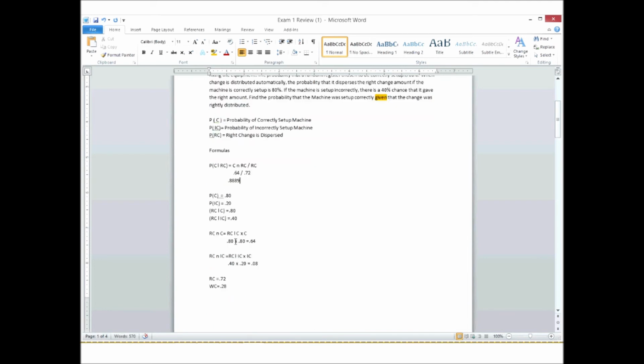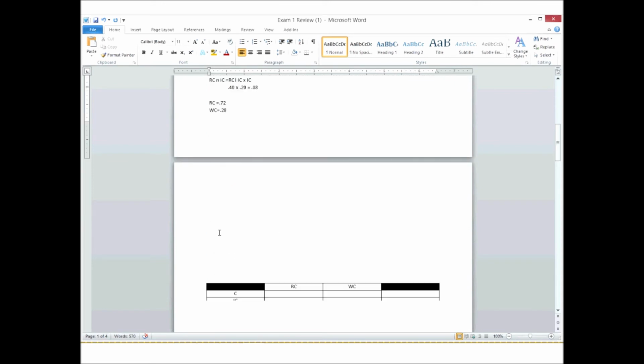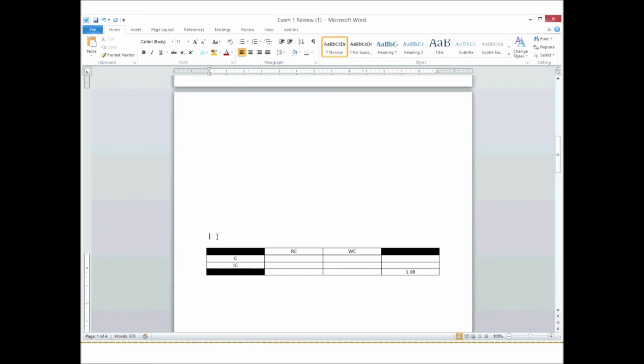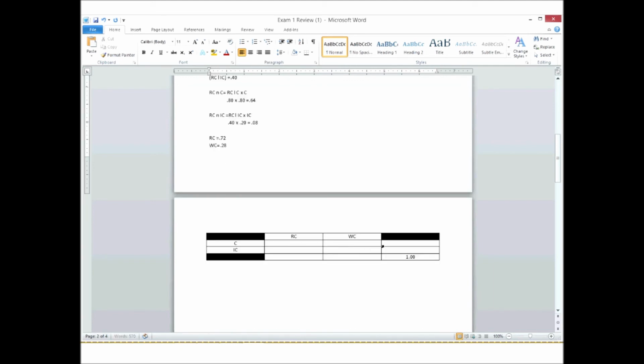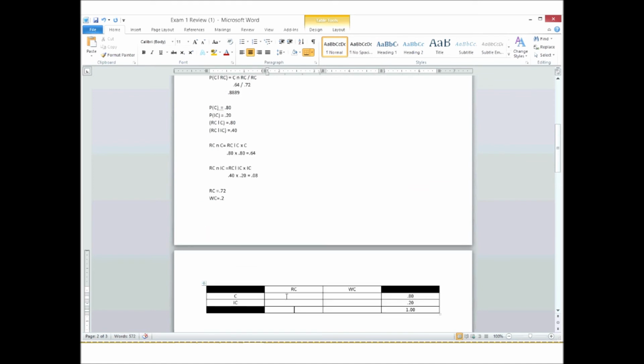Now, people are going to wonder, why did you add these two to get RC? Well, you come down here and have a joint probability table. Now, remember, from the problem, we know that C is 0.80, so IC must be 0.20, right? We went on and said C and RC is 0.64.